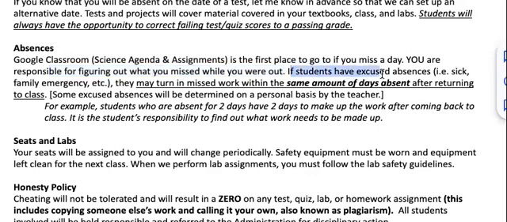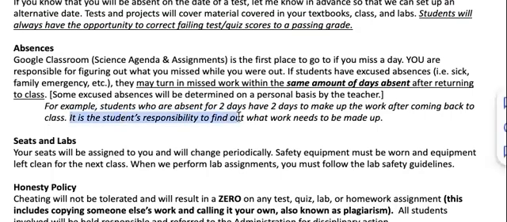If students have excused absences, say for example, you were sick or there was a family emergency, you can turn in any missed work within the same amount of days absent after returning to class. Some excused absences will be determined on a personal basis by the teacher. So say for example, a student who was absent for 2 days, that student is going to have 2 days to make up the work after they come back to class.